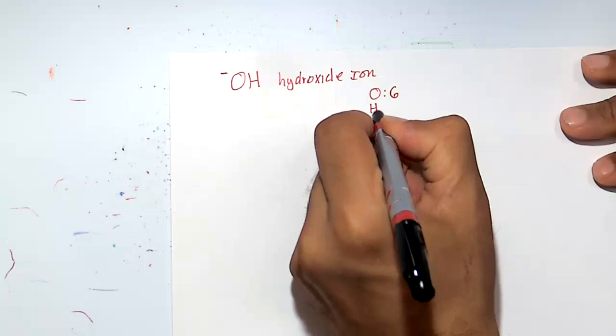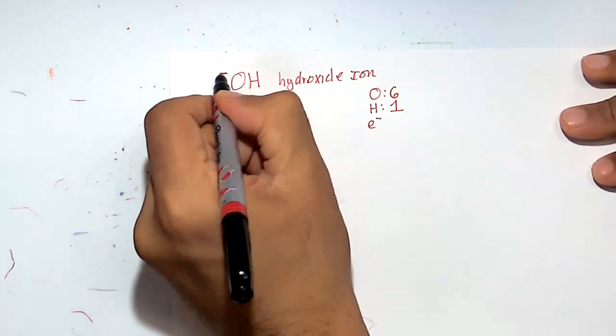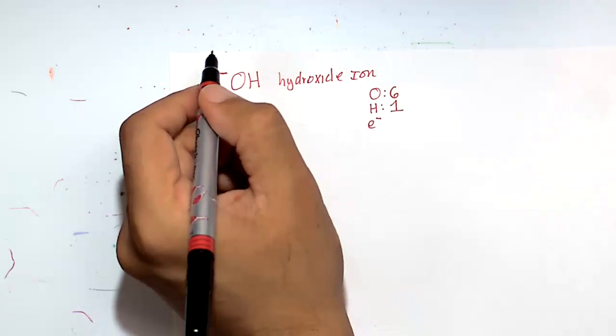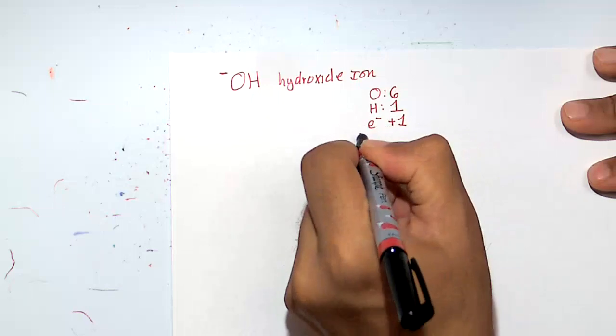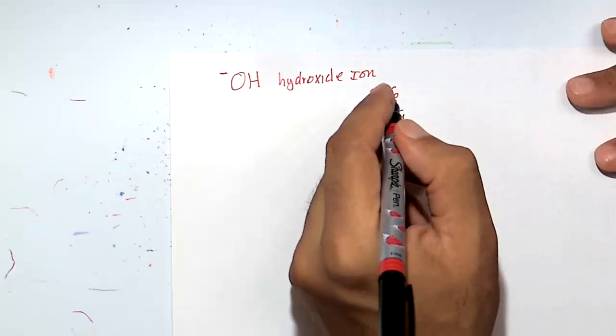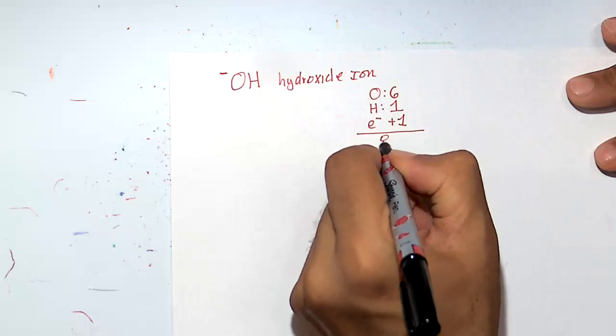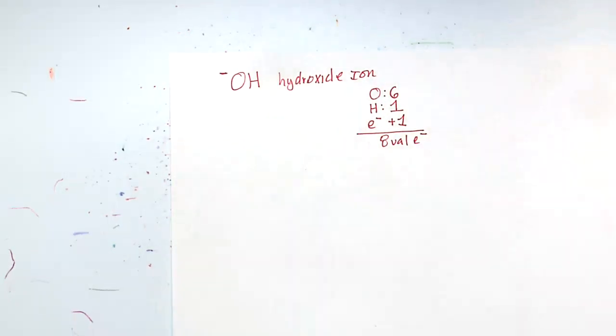Hydrogen is happy at 1. What does that minus sign mean? Add an electron or lose an electron? The minus sign means you add an electron, right? Is that correct? You agree? So I have to get 8 valence electrons around the hydroxide ion.